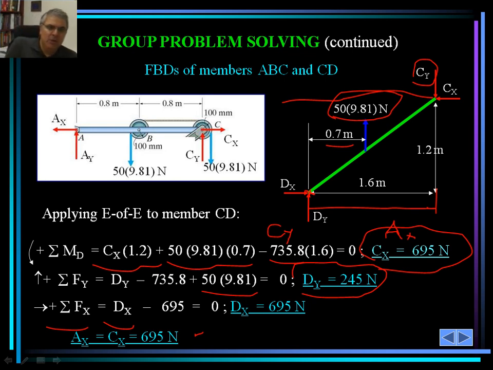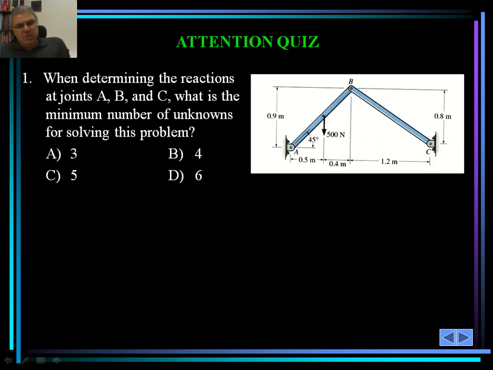Let's take a look at our attention quiz. Make sure I have everyone's attention when I am going over these problems. When determining the reactions at joints A, B, and C, what is the minimum number of unknowns for solving this problem?